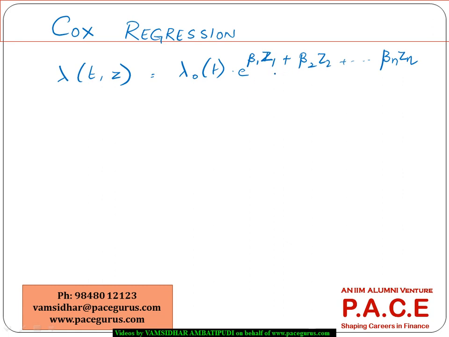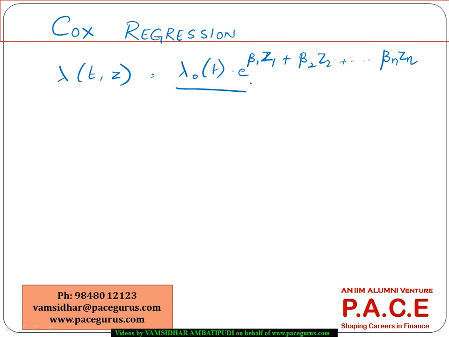So we are talking about the various betas, right? And lambda naught, again, is the baseline hazard function. It is purely based on the time period t, and it does not depend on the covariates at all, especially when all the covariates are zero. That is what will work out as the baseline hazard.